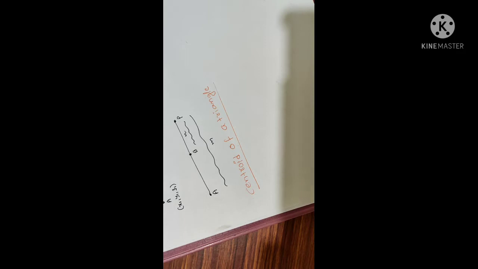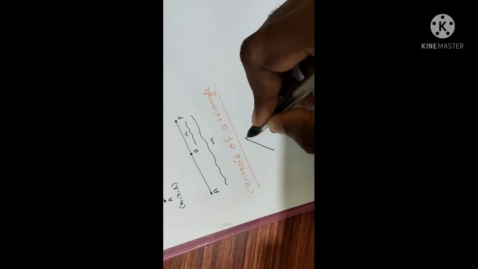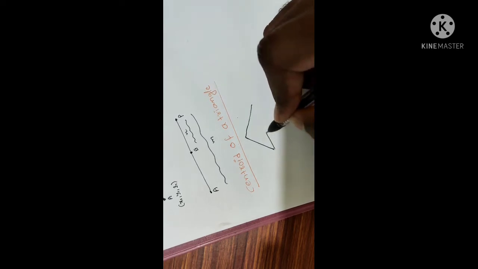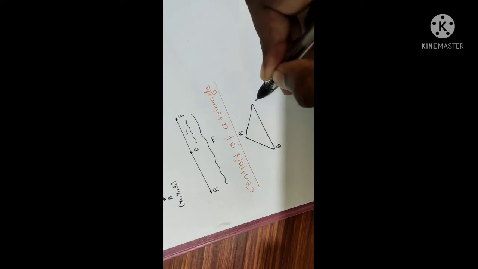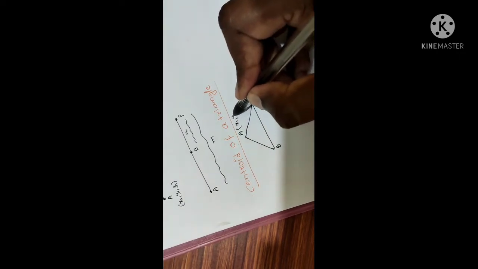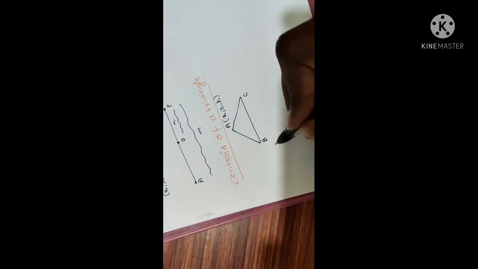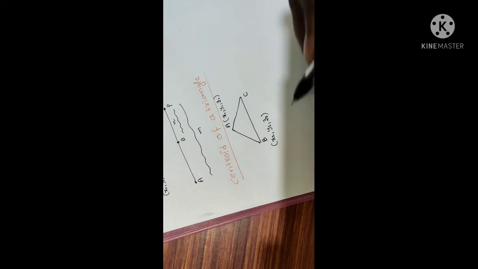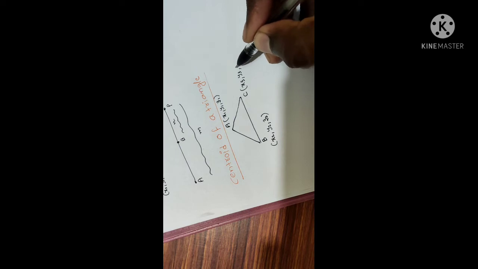For example, it is a triangle having vertices A, B, C. Vertex A is (x1, y1, z1). Vertex B is (x2, y2, z2). Vertex C is (x3, y3, z3).